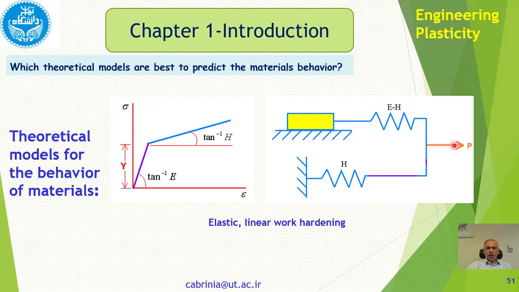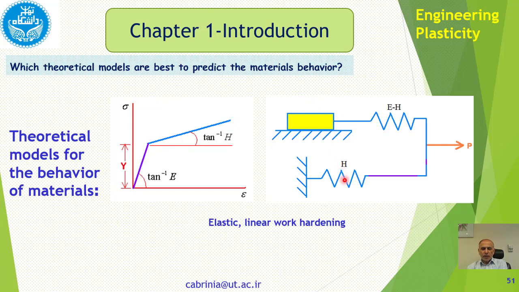This means that when I move this P, of course this is E minus H, because E is that, H is that. When I move, this spring moves. Also this spring moves. So when P reaches that point, then plastic deformation starts. This is plastic deformation.